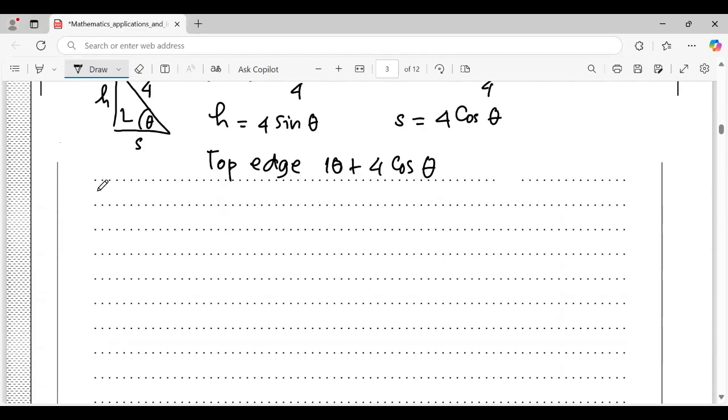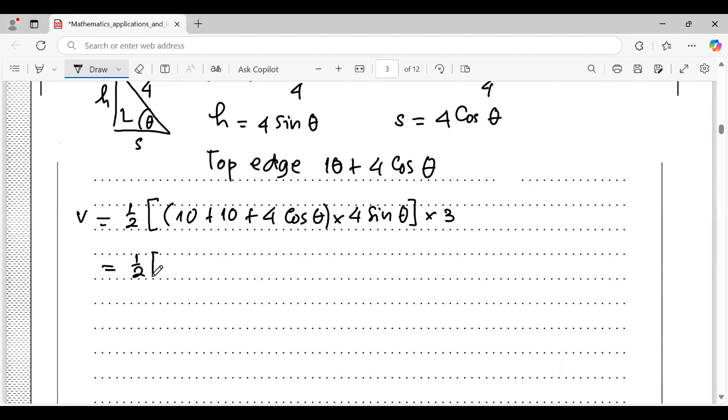As we continue with volume, the volume equals 1 half times 10 plus 10 plus 4 cosine theta times 4 sine theta times 3.